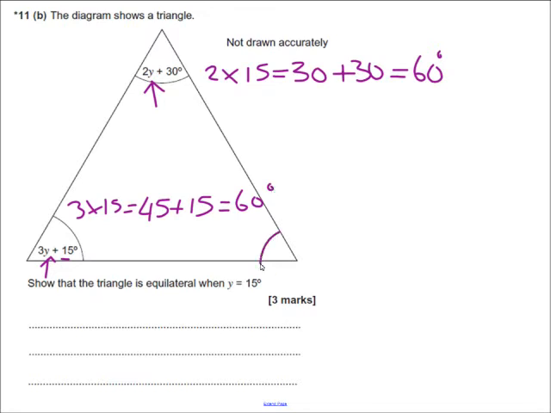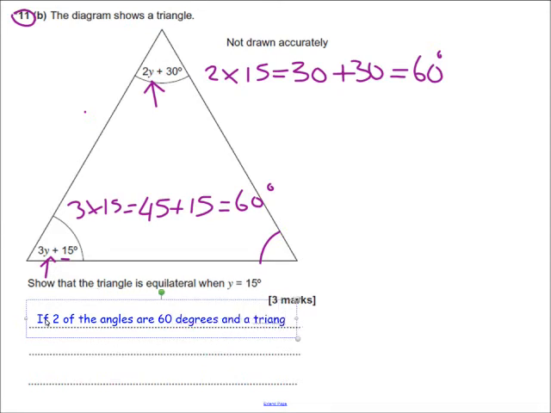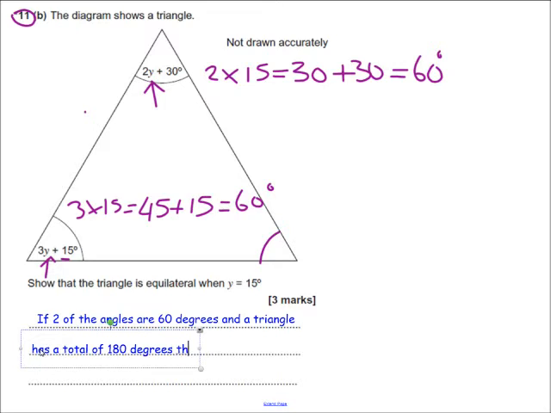So if 2 of the angles are 60 degrees, and here you could actually write it, because it's expecting a written answer, if 2 of the angles are 60 degrees and a triangle has a total of 180 degrees, then the final angle must be 180 take away our 60, take away our other 60, which equals 60 degrees.